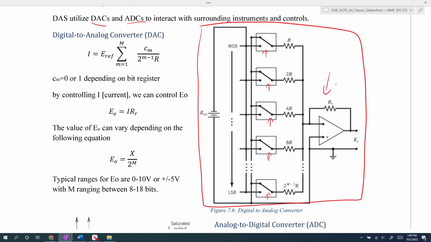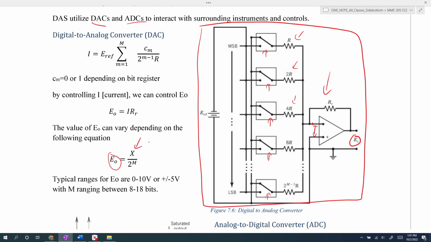Depending on how these individual voltage dividers are connected, it changes the value of the input voltage, and this voltage difference varies, which affects our output voltage. So by controlling a set of switches in the center, we can vary the output voltage, and that output voltage is dependent on the range of our signal.